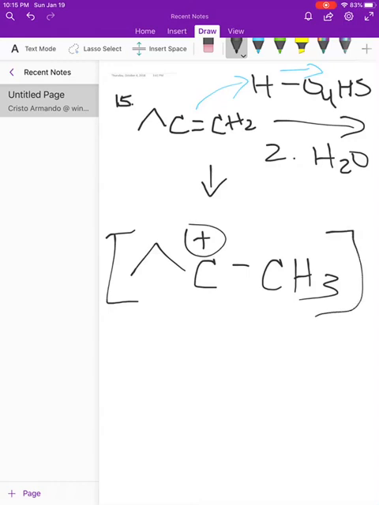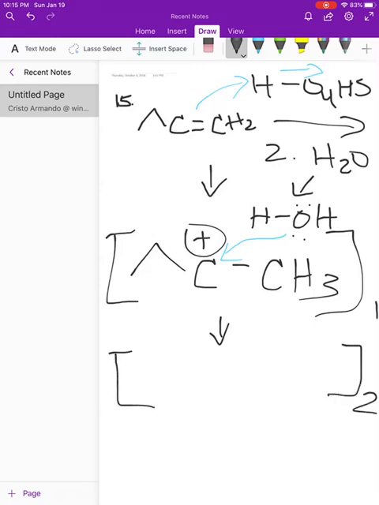And the water molecule right here, let's break it down like this, is going to add onto this carbon, and we're going to create our second reaction intermediate.